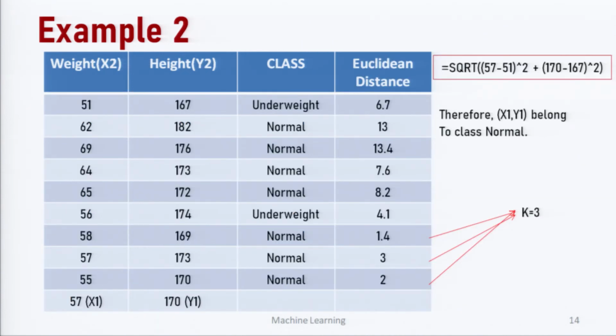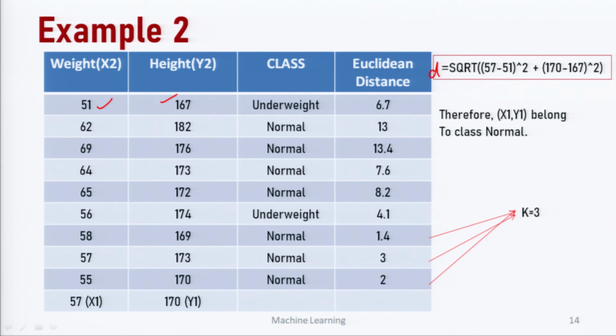Now, let us take another example where weights and heights of a class of people are given, and based on the weight they are classified as underweight or normal. Similarly, we will take these two parameters and do the Euclidean distance calculation, and based on that we will arrange them in ascending order.